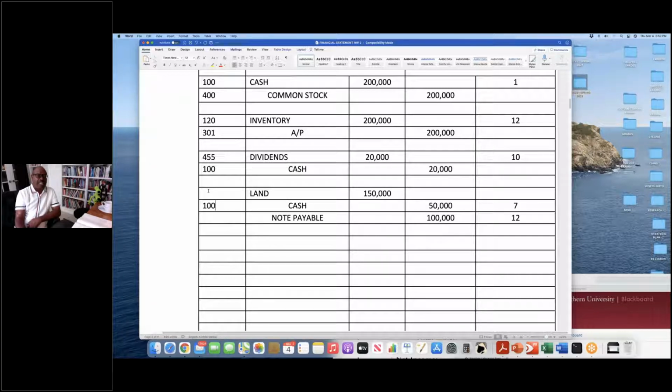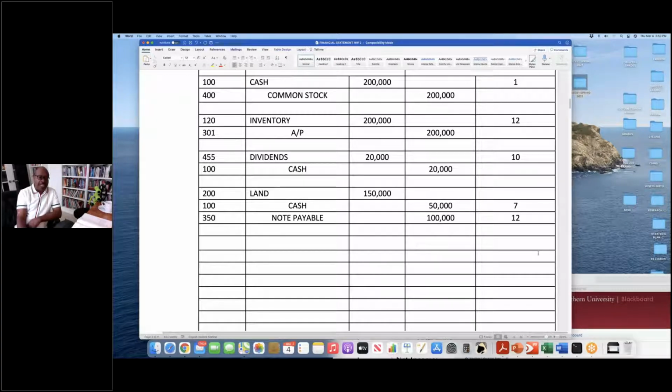What's the account number for land? 200. What's the account number for note payable? 350. What is a type 7? Now, Desiree, you're supposed to look at the notes on your desk.